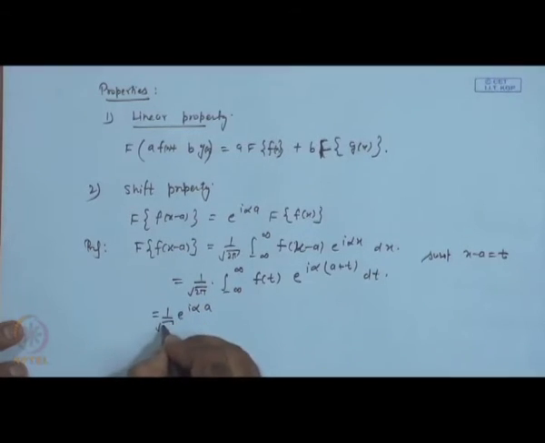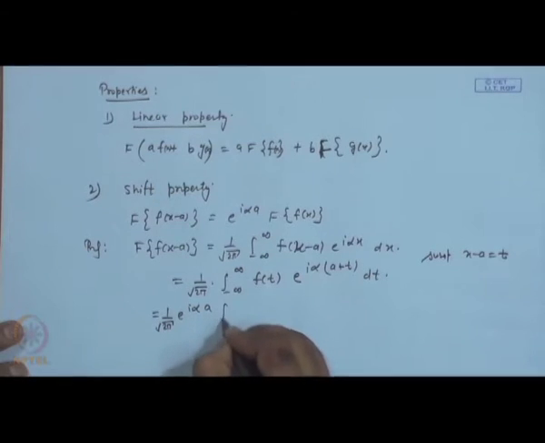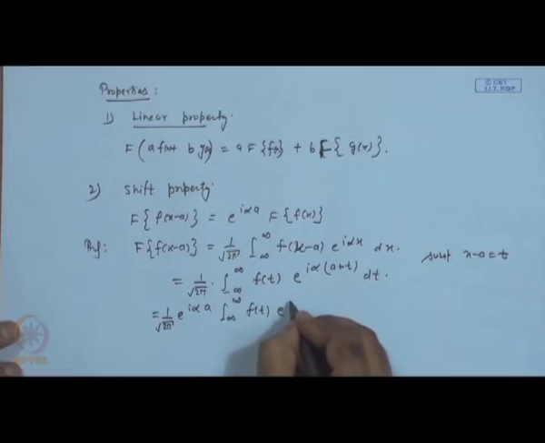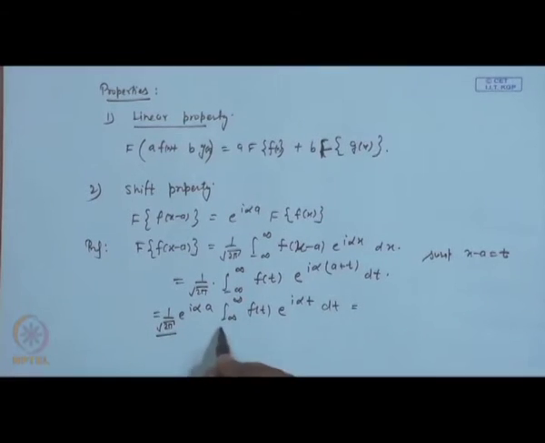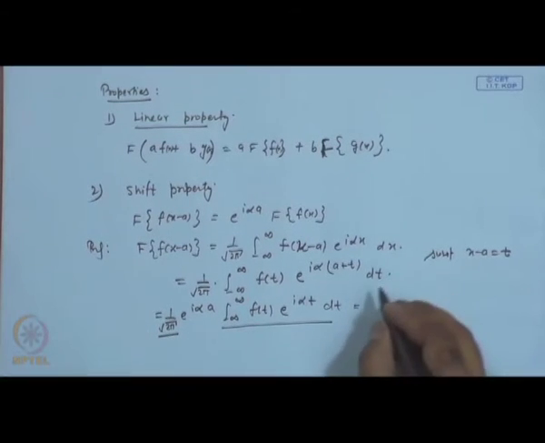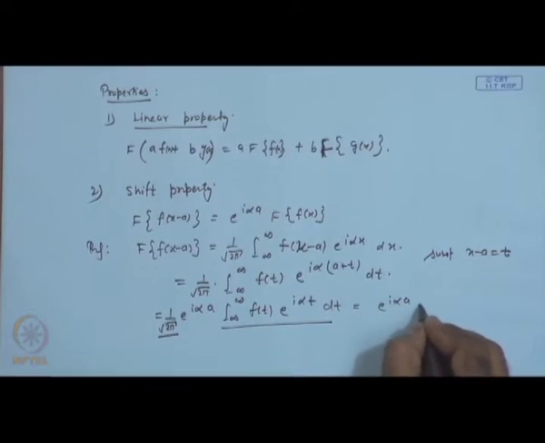So, 1 over square root 2 pi, minus infinity to plus infinity, f(t) e^(i alpha t) dt, and with this factor this is the Fourier transform of f. So, we have e^(i alpha a) times the Fourier transform of f(x). Now, the third property we have is the translation property.